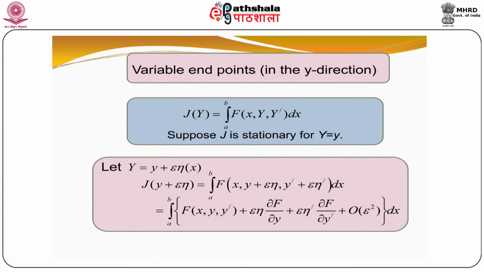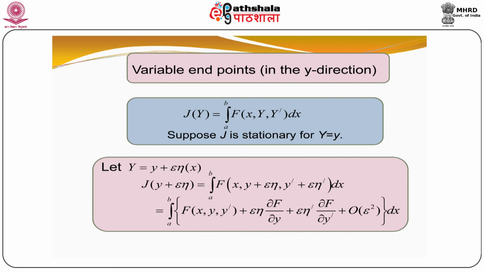So far, we have considered the endpoints which were fixed, but now we are interested to consider the case of variable endpoints. It varies only in the y direction. Let the endpoints be variable in the y direction.